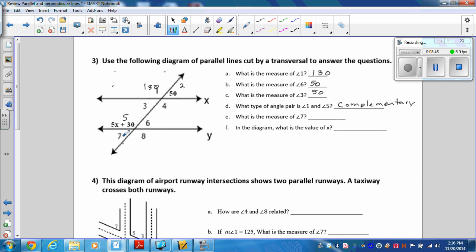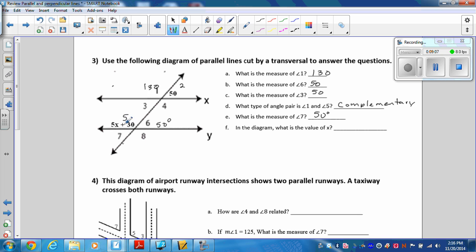The measure of angle 7 is going to be the same as the measure of angle 6. And remember, we said the measure of angle 6 was 50 degrees. So these two are vertical, so this is also 50 degrees. In the diagram, x is here.